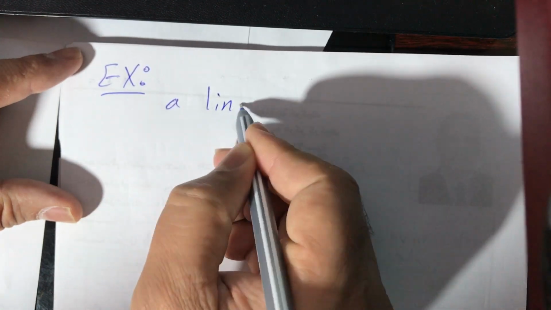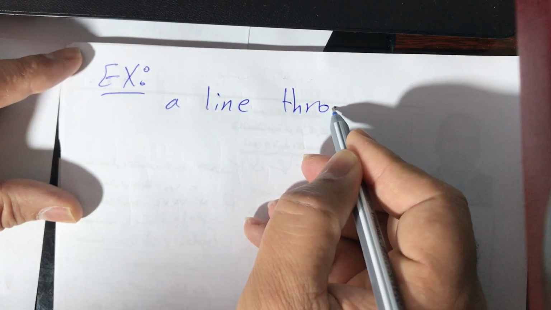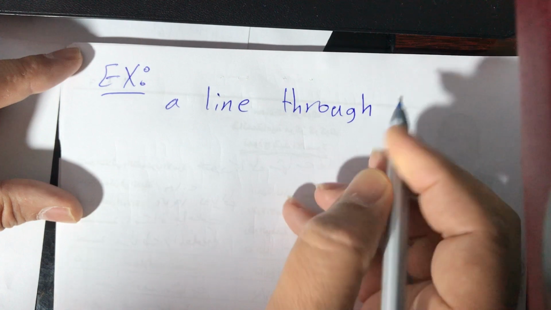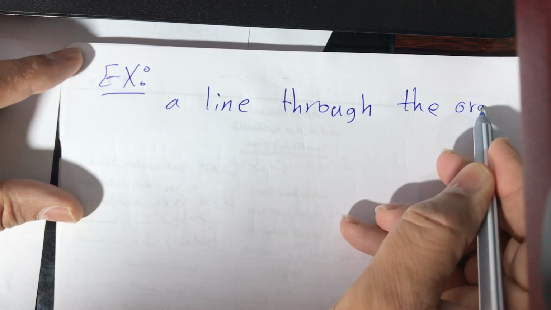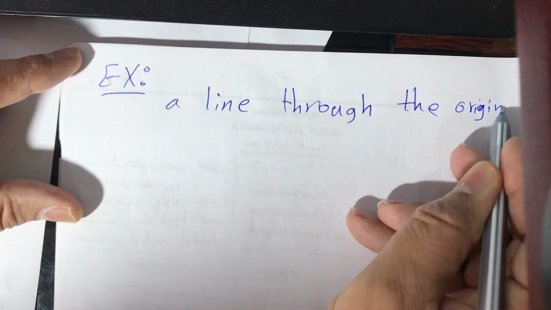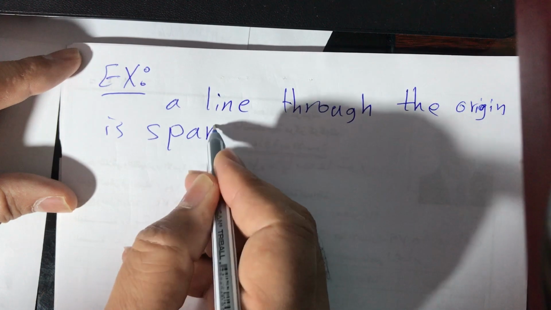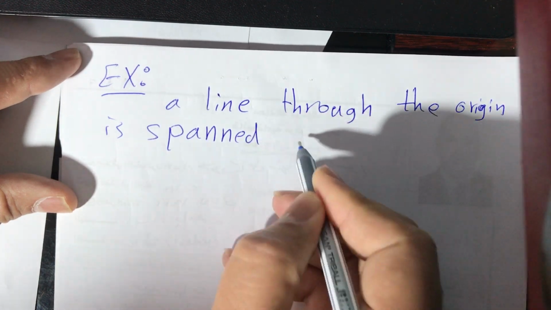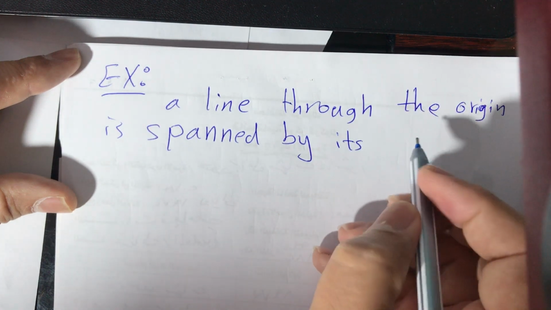A line through the origin is spanned by its direction vector.